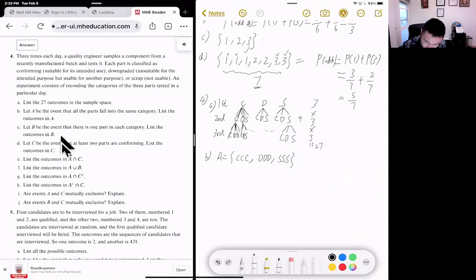For example, we could have CDS, or CSD, DCS, DSC, SCD, SDC. So one part in each category. Again, there's no easy way. You just count all the 27 and see which ones satisfy the requirement. So we have 6 for this part.